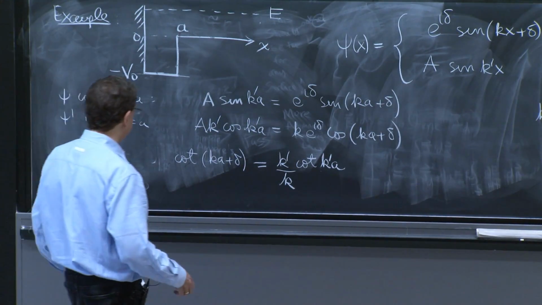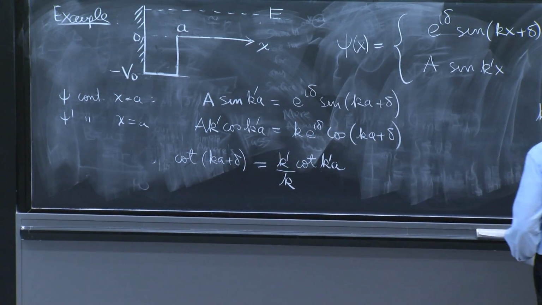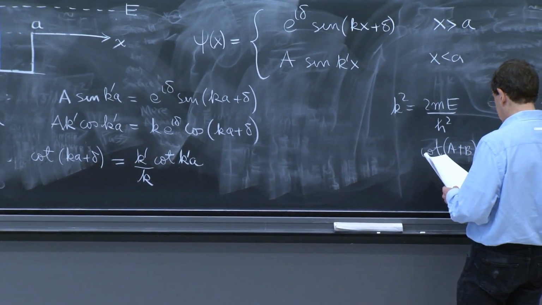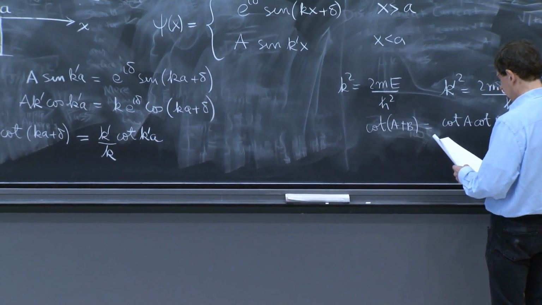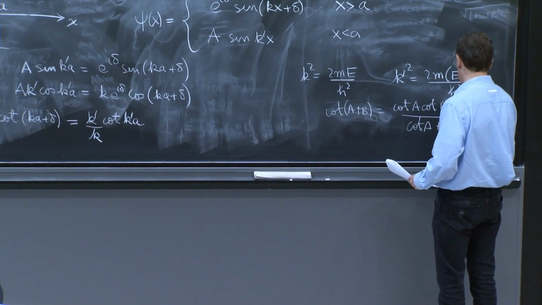And the identity that is relevant is the identity for cotangent of A plus B, which is (cot A cot B minus 1) over (cot A plus cot B).